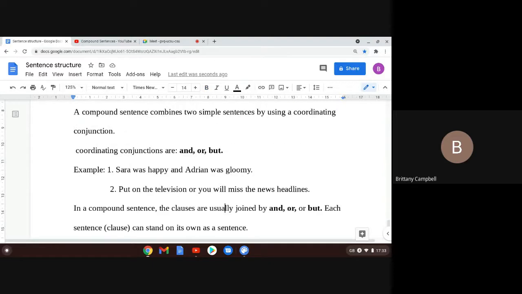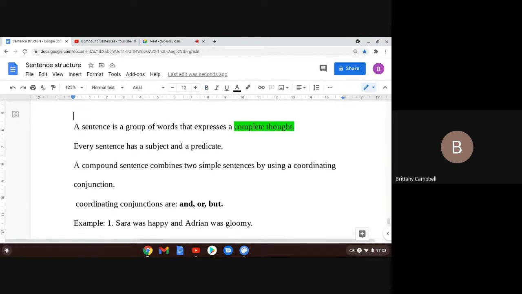So the subject, as you know, is really the main idea, the main subject or the noun, and the predicate tells what the subject is doing. Now, a compound sentence really has two simple sentences, but this is the new part about it. So ensure that you pay attention to this.